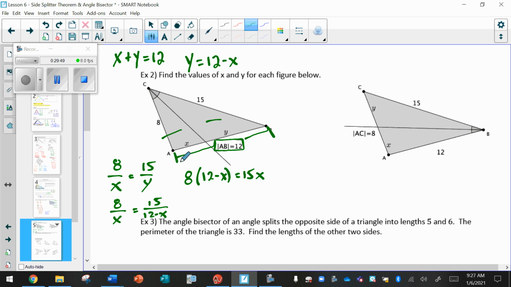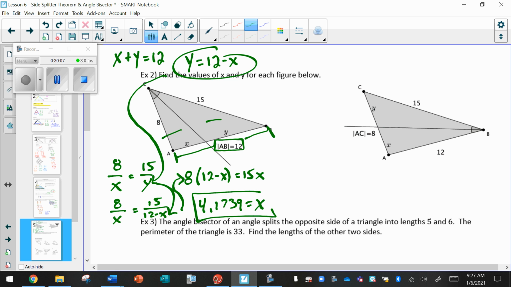That's the substitution of the work up here, and for y there, and then cross multiply there. Sorry, I'm all over the place. Don't have a ton of room here. So go ahead and solve for x, and we'll get a decimal, 4.1739, rounded off to the fourth decimal place. Bada bing. So why don't you try the next one, and we'll see how you do.